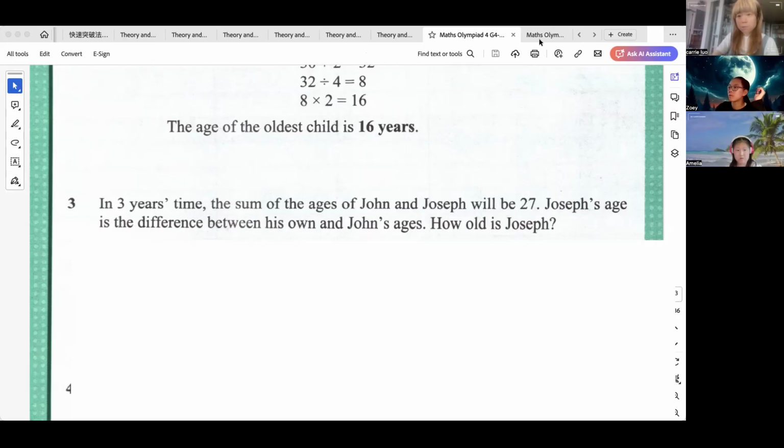What does it mean? So in 3 years, the sum of John and Joseph will be 27. That means 3 years later.